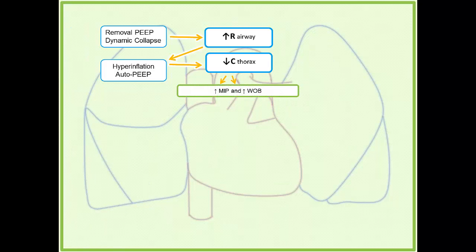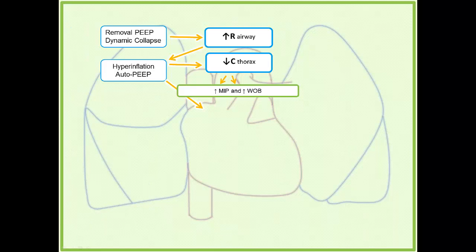So the increased airways resistance and the decreased chest wall compliance and thoracic compliance lead to, this is not abbreviated very well, an increased maximal inspiratory pressure. So essentially what it really leads to is lower pleural pressures during inspiration and higher pleural pressures during expiration. So you get this variable change, dramatic wide swings in inspiratory and expiratory pressure. And this drives up your work of breathing.